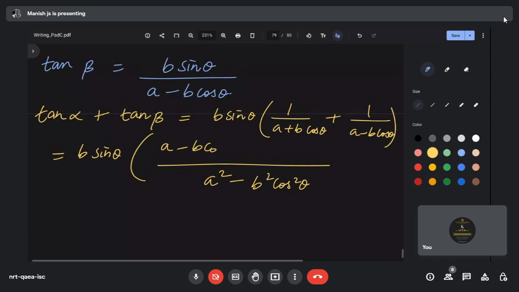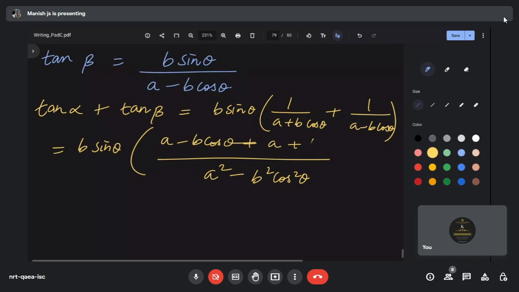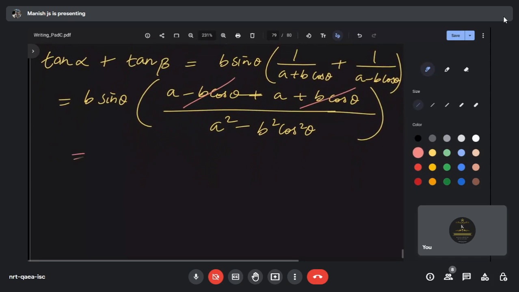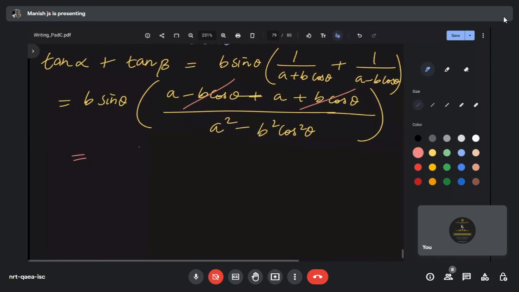A minus B cos theta வரும் plus A plus B cos theta வரும். So what can get cancelled? B cos theta. Minus B cos theta and plus B cos theta getting cancelled. A plus A, 2A. So 2AB sin theta divided by A square minus B square cos square theta. அவ்வளவுதான். That is the answer.